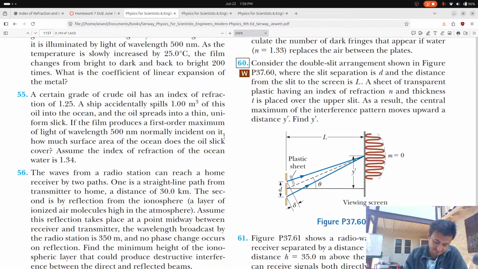This gets shifted because the path length will be d y over L minus the, or actually, wait, will it be minus or plus? It should be minus.